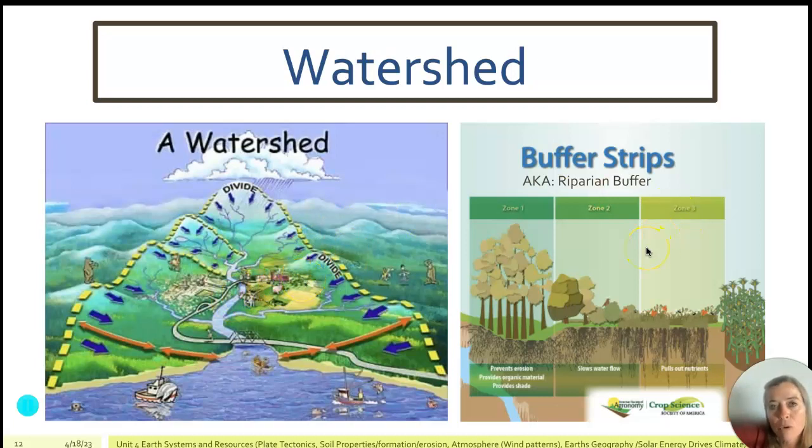Riparian buffer strips are where you plant trees and stuff in between agricultural land or land that you're managing in a way that could be detrimental downstream, and you have typically a series of trees and bushes and plants that accumulate nutrients or pollutants pretty well. And so what ends up happening is that keeps the water from getting that accumulation of nutrients, which then can cause things like harmful algal blooms and all of the things that we've talked about throughout the course of the year.